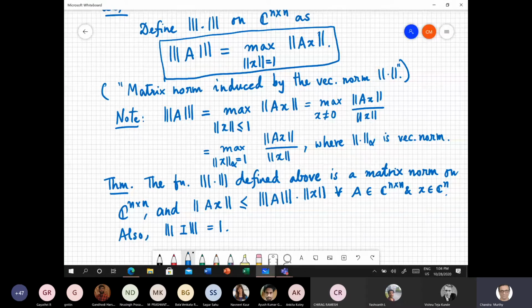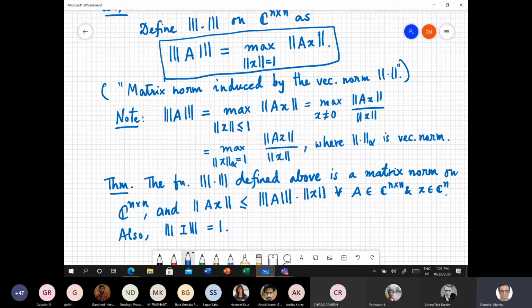Remember previously we had said that the norm of the identity matrix is greater than or equal to 1 for any matrix norm. That's because the norm of I squared is less than or equal to norm of I times the norm of I, but I squared equals I, and therefore the norm of I is greater than or equal to 1 for the identity matrix I.